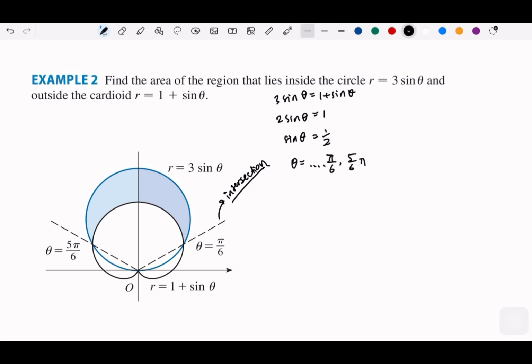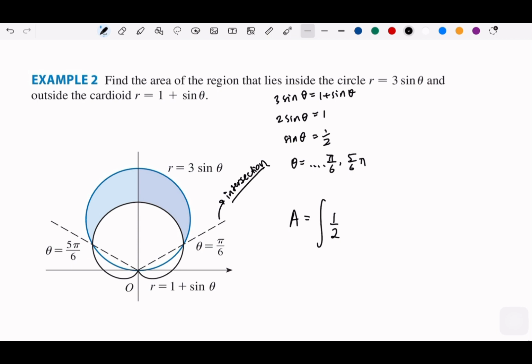we could write the area as half. If we focus on the circle, if we want to compute the circle from pi over 6 through 5 over 6 pi, this one is the area, right?